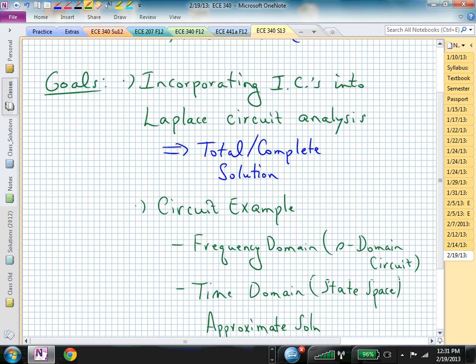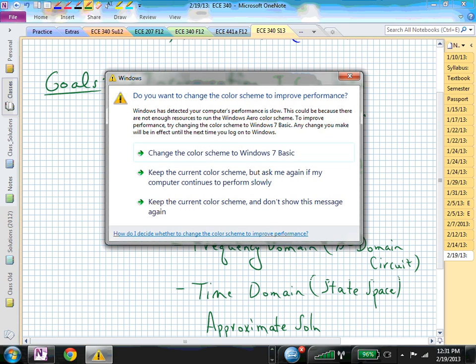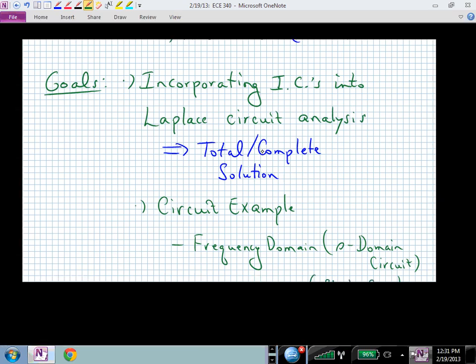Meaning if we had a one-input circuit and maybe we had an inductor, we could potentially have a couple of inputs driving that system, where one of the inputs is actually the initial condition on that inductor current. And that's what we hope to look at in today's lecture.